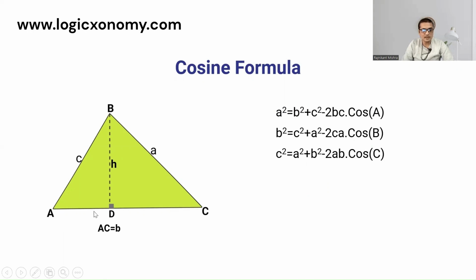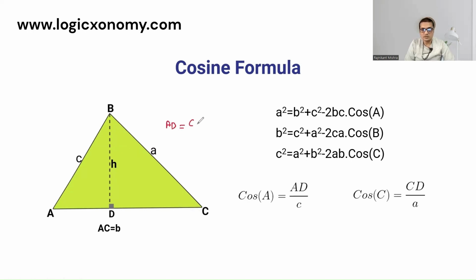Now in right angle triangle ADB, cos A is equal to AD by AB, which is c, and in right angle triangle BDC, cos C is equal to CD by a, base upon hypotenuse.